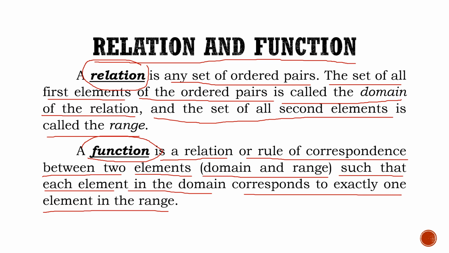So you need to take note of this. Once you are dealing with your function, each element in the domain corresponds to exactly one element in the range. So meaning to say, if there is a given set of ordered pairs, as long as there is no repetition in your domain or x values, then the given set of ordered pairs is a function.